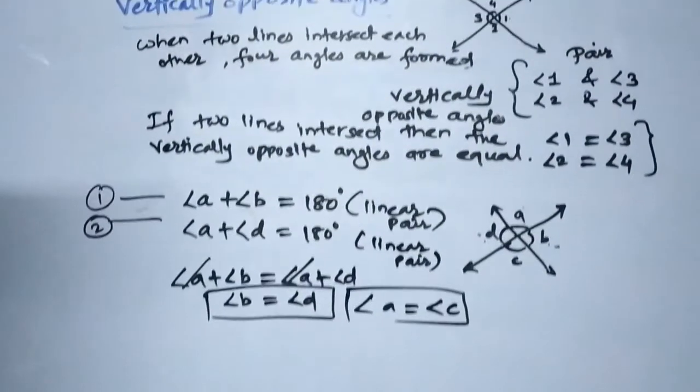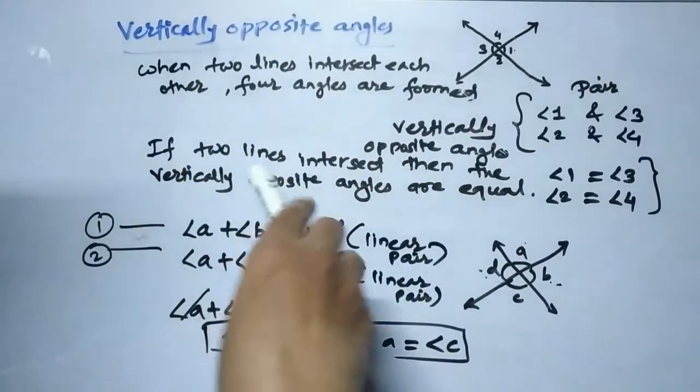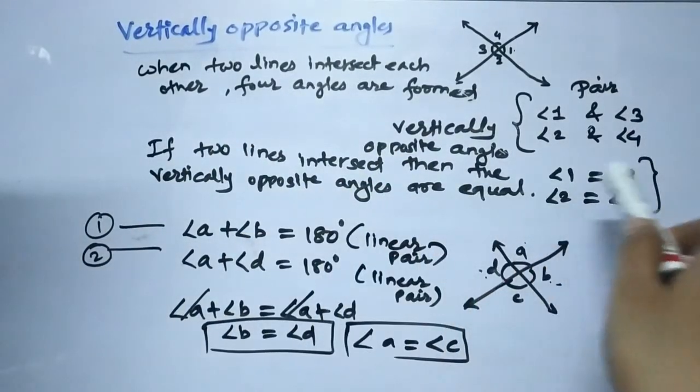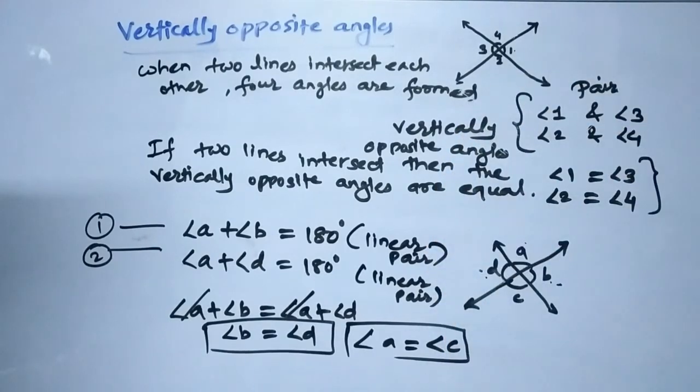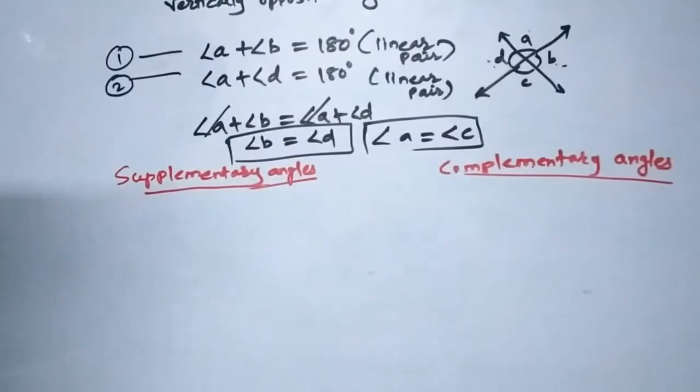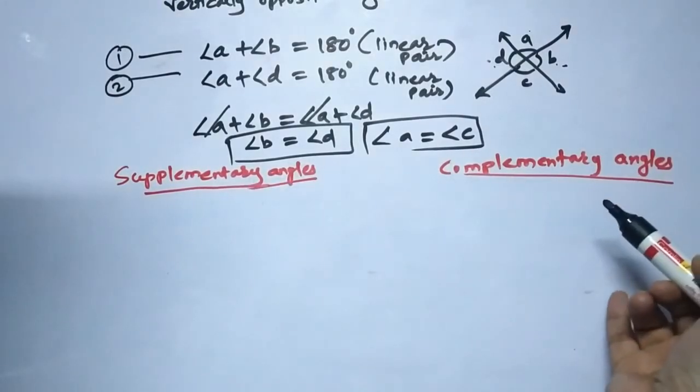So friends, when two lines intersect each other, four angles are formed and their vertically opposite angles are equal: angle 4 is equal to angle 2, and angle 1 is equal to angle 3. Now next we have a pair of angles, supplementary angles and complementary angles.